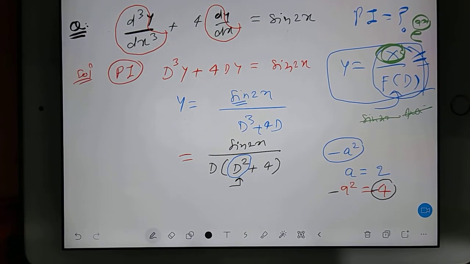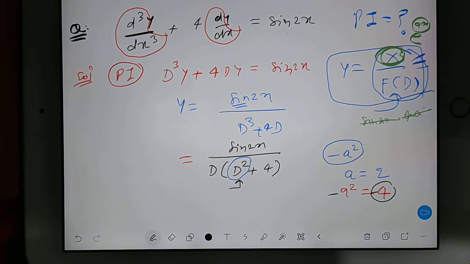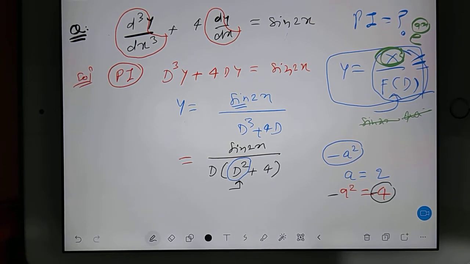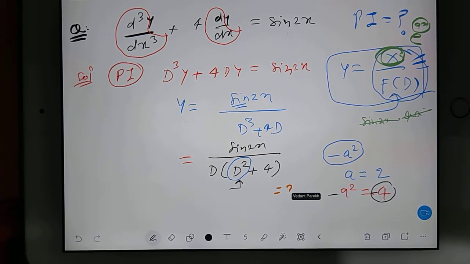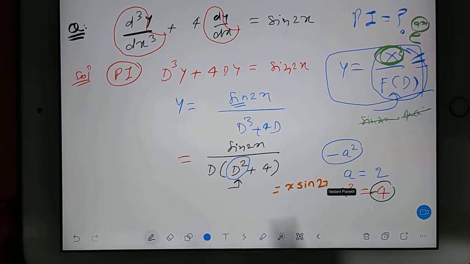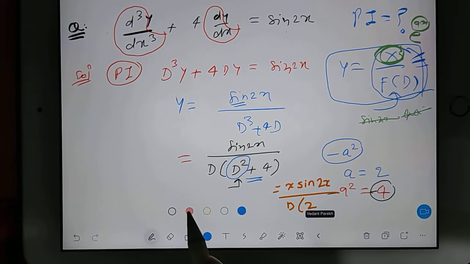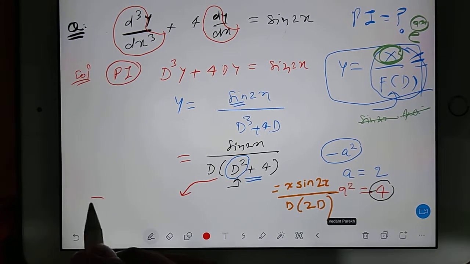But there is a problem. Yes, when you substitute minus 4 here, it will be 0. So from here, your solution will take a turn.